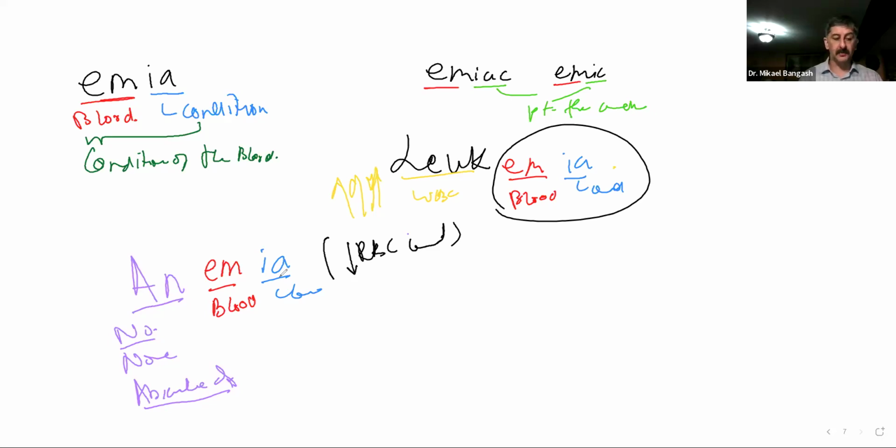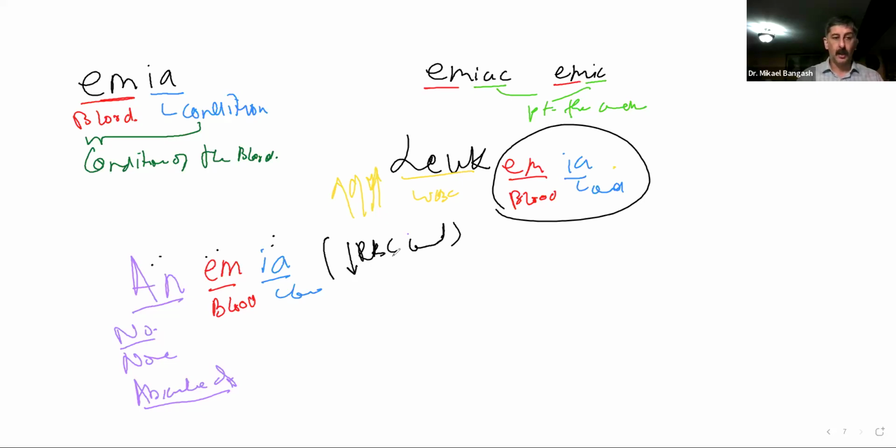So the term means one thing, the word means something else. If you go word by word, prefix, root, suffix, it would have meant no blood, or a condition where there's complete absence of blood. Where the term actually means a condition where there's a low red blood cell count.